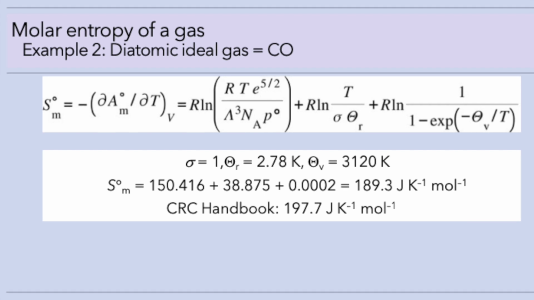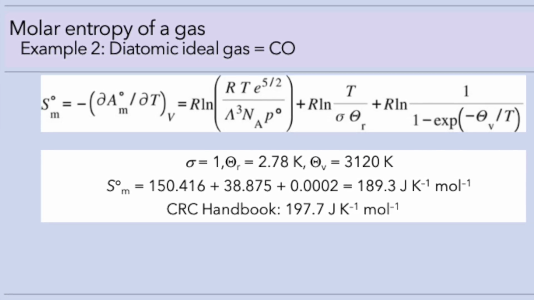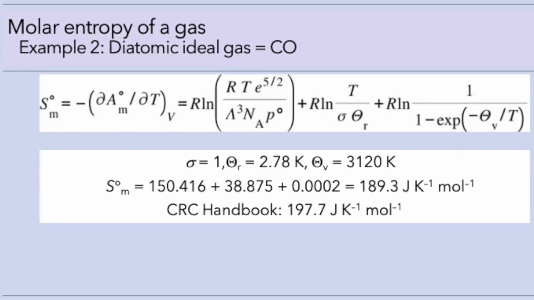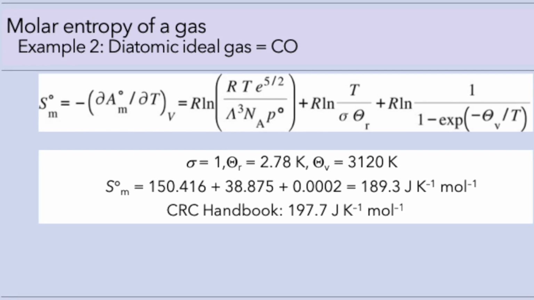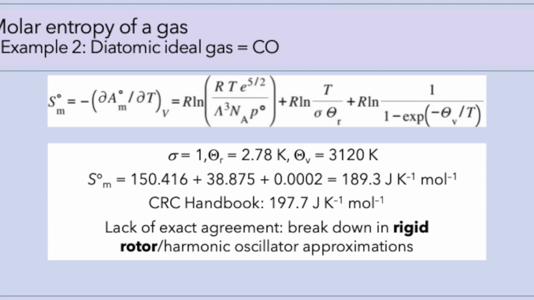Indeed, since the characteristic vibrational temperature is so high, there's very little population in v equals 1. We don't have to worry about the vibrational component very much. But with a very low rotational characteristic temperature, there is a large contribution from rotations. And indeed, the lack of agreement that we're finding here is from a breakdown in one of our assumptions.